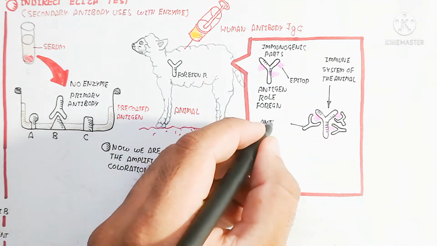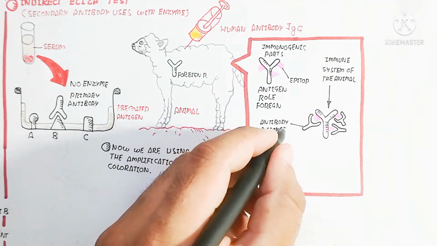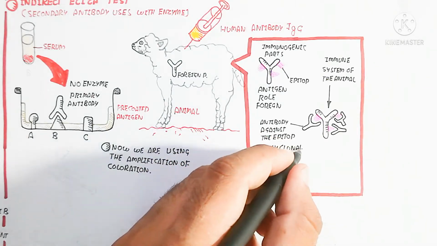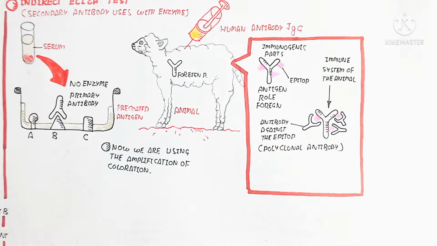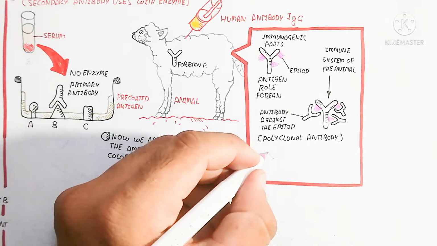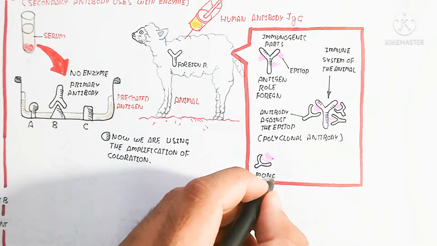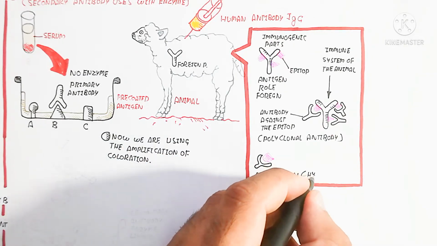That is a separate thing we can understand in another video, and I have also made that video, so you can search for it, or I will give the link in the description below. So this was the indirect ELISA test.